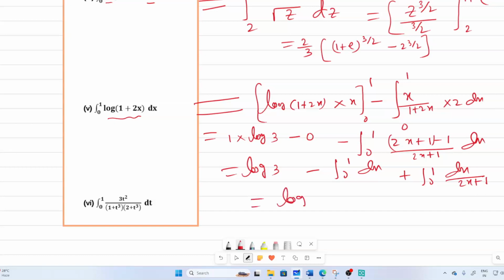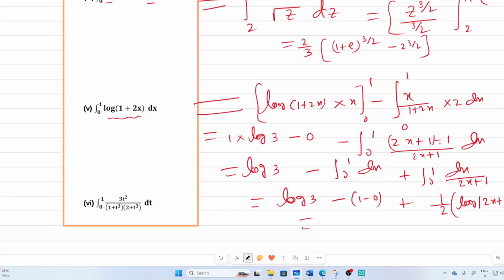So this thing is log 3, this thing is x, so 1 minus 0, and this one is dx by ax plus b. I told you in the earlier class that it is 1 by a log of mod of 2x plus 1, limit of integration 0 to 1.